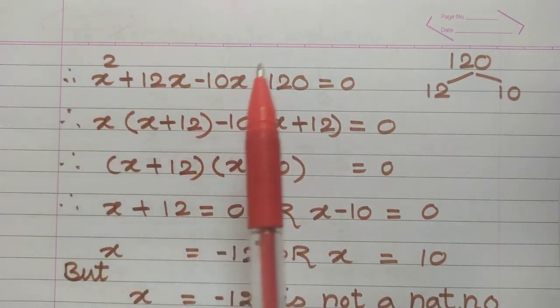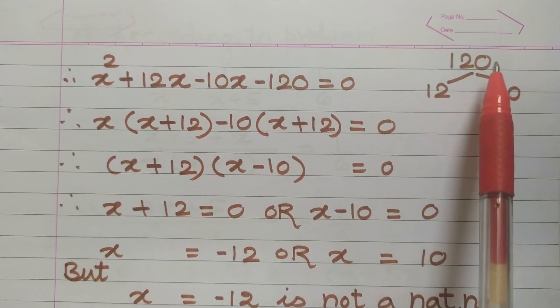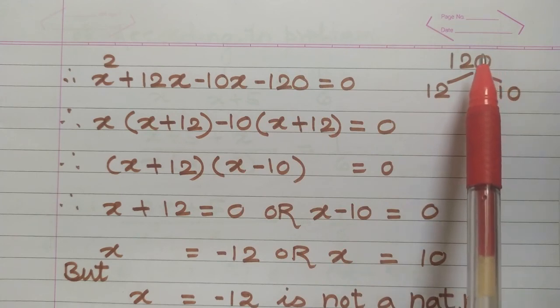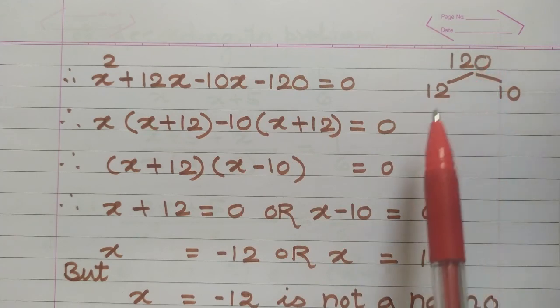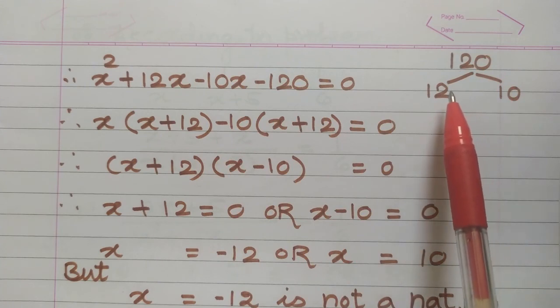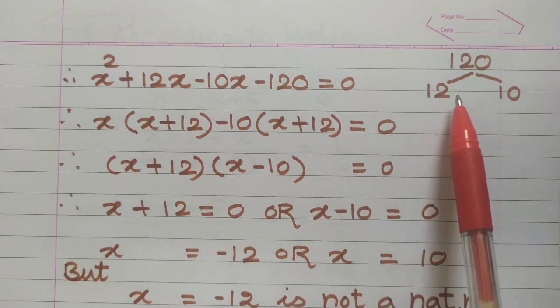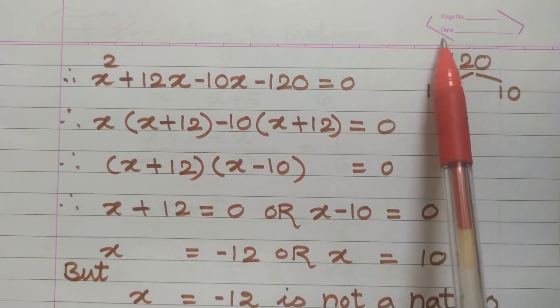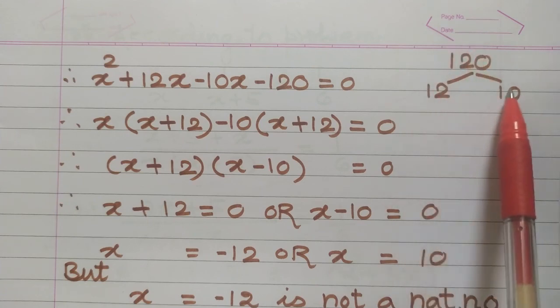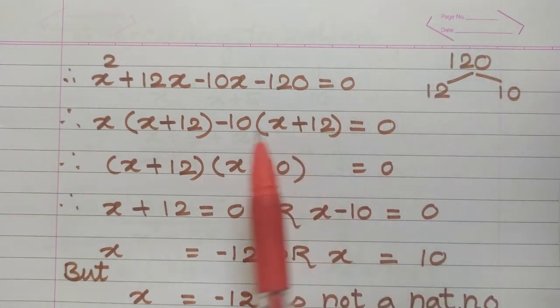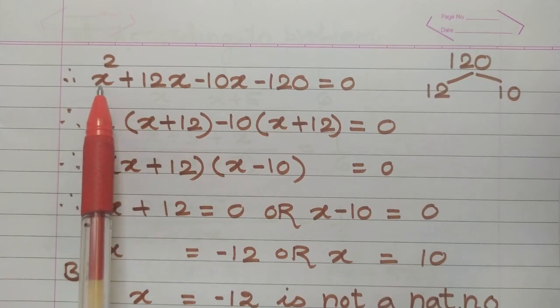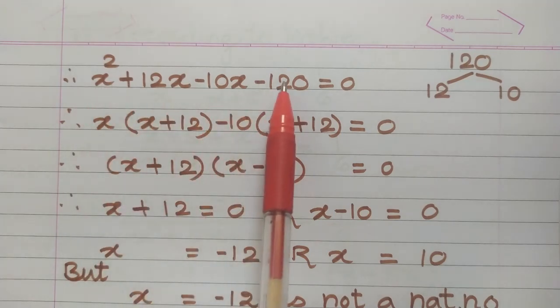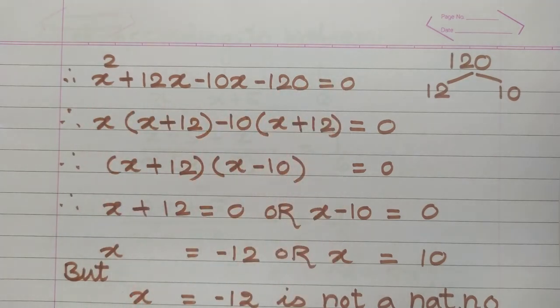This I have written because I have to factorize 120 so as to get the subtraction as 2. So the possible factors which I have written are 12 tens are 120 and 12 minus 10 will be equal to 2. So it will be x square plus 12x minus 10x minus 120 is equal to 0.